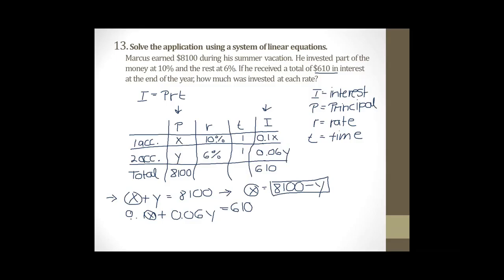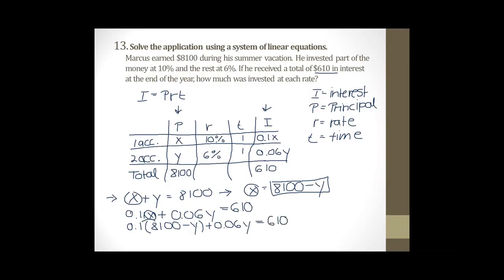So I hope I'm not running out of space. So 0.1, sorry, I eliminated the 1 as well. So 0.1 times 8,100 minus y, and then plus 0.06y is equal to 610.